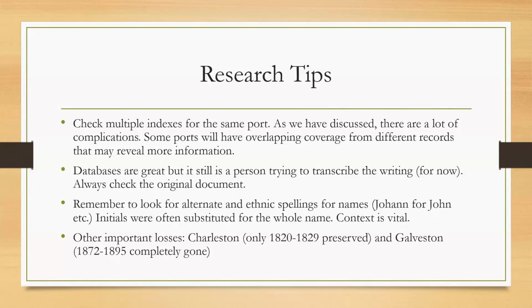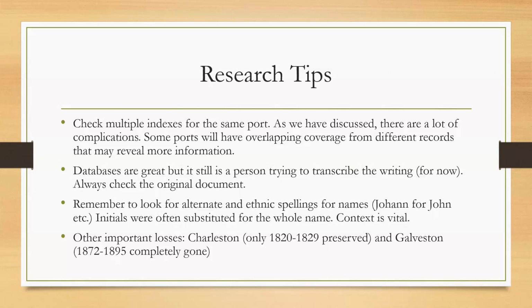When you are on Ancestry, when you are on FamilySearch, don't rely on their transcriptions. They do not have the same skin in the game that you do. So if you take a look at the document, I know so many people that have been able to find their immigrant ancestor just because they're looking for a certain name that the indexer in question just didn't recognize. Remember to look for alternate and ethnic spellings for names.